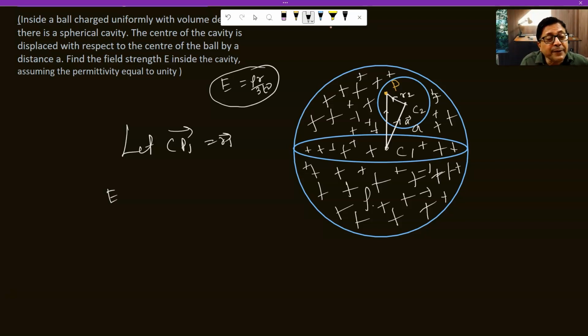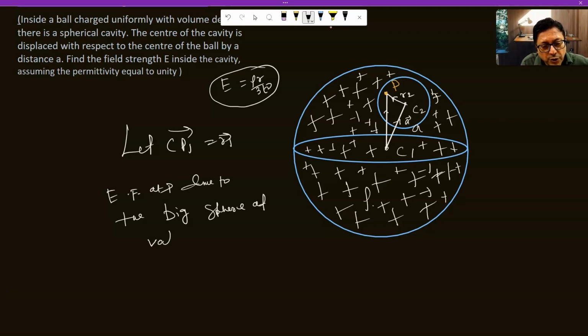Now, electric field at P due to the big sphere of volume density rho, we are assuming that no gap is there, no cavity is there, the whole sphere is charged. So electric field at P due to the big sphere of volume density rho is given by E1 vector equals rho R1 by 3 epsilon 0. Agree?